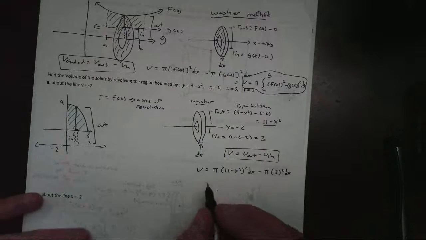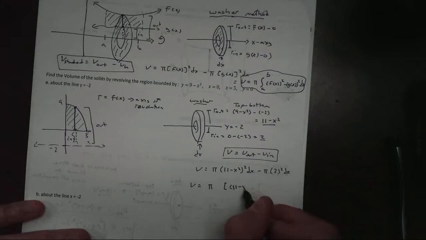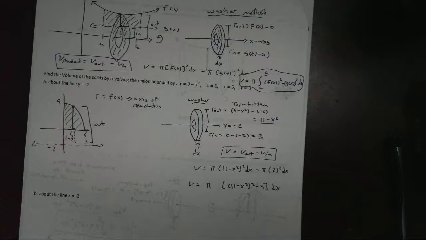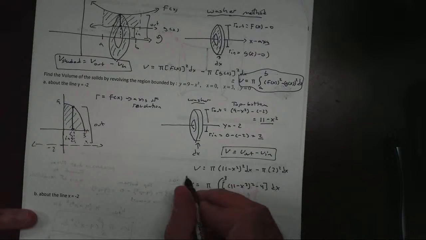They both have a pi in it, so I can factor that out. And I'm left with just the following: (11 minus x squared) squared minus 4 dx. Because they both have dx, I factor that over here. And then I'm going to integrate it from 0 to 3.